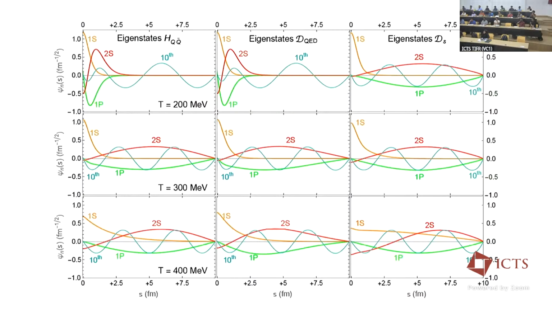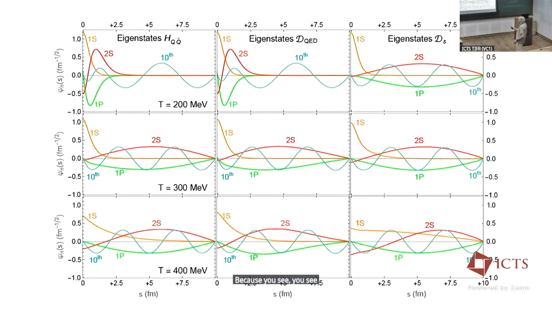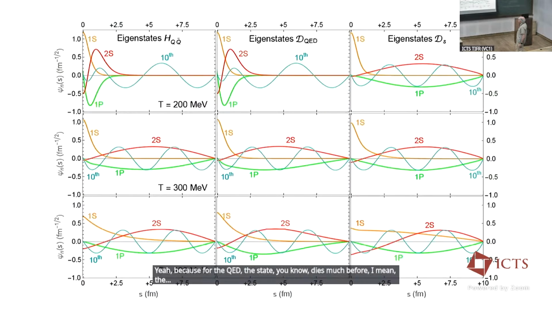No, I don't think this is a box effect, because for QED, you can apply your argument, and there is absolutely no effect. Yeah, because for QED, the state dies much before. I mean, the value of the wave function is very small at the end of the box, right?